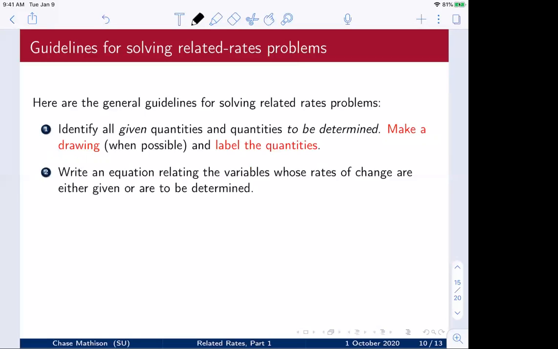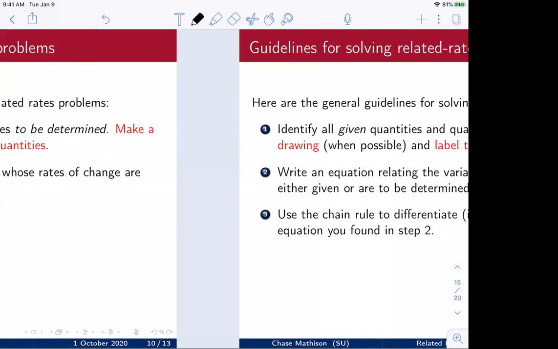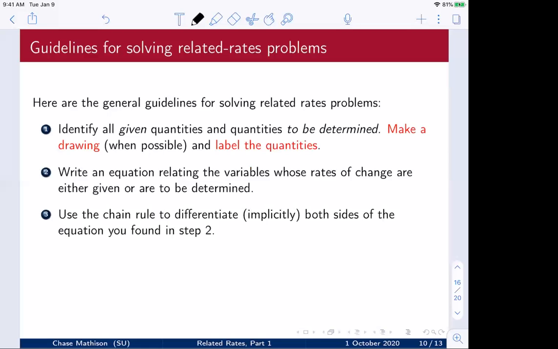If your equation has other variables in it, that might be a hint that you're on the wrong track in trying to find a relationship between the variables you care about. Step 3, use the chain rule to differentiate both sides of the equation you found in step 2 with respect to t.